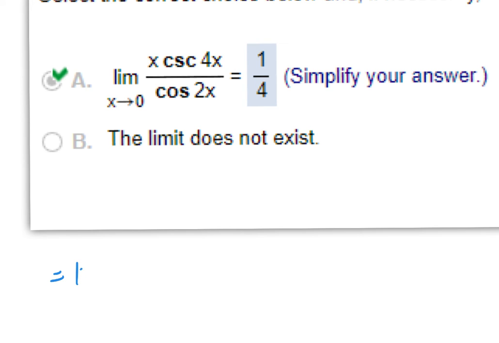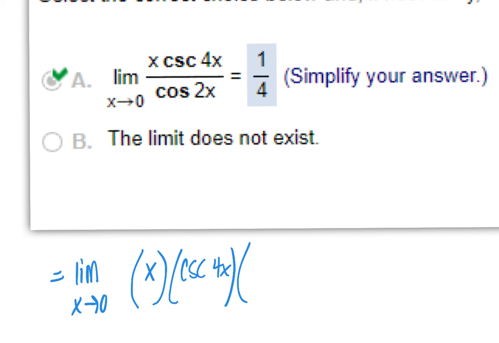Anyway, so this is the limit as x approaches 0 of x. And first of all, you can rewrite this as x times cosecant of 4x times 1 over the cosine of 2x. In fact, that may help you, because if I multiplied all of this together, you would multiply numerator, numerator, numerator divided by denominator times denominator, multiplying straight across to end up with this same thing.